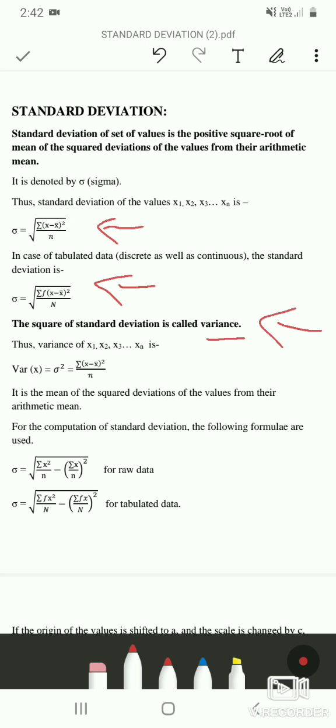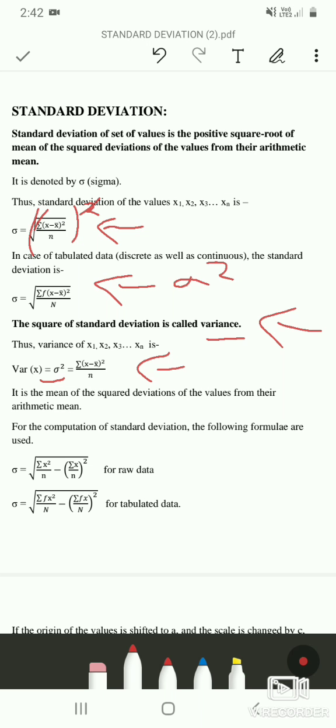Also, the square of the standard deviation is known as variance. So the formula for variance is variance of x is equal to sigma square, because sigma is your standard deviation. When you take the square of it, it is called variance. Whenever you take the square, the square and square root get cancelled, so the remaining value is your formula for variance.